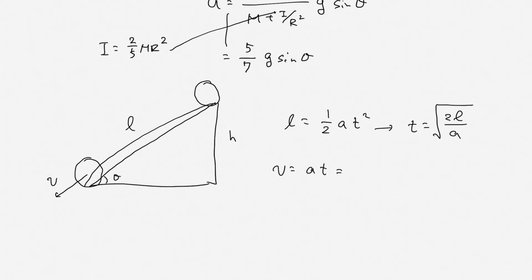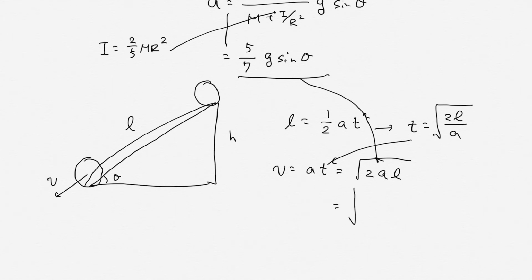If you substitute this t here, it becomes the square root of 2aL. And we have already found a, so you can substitute here.